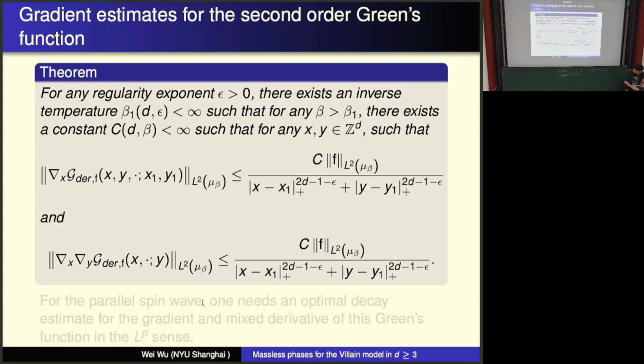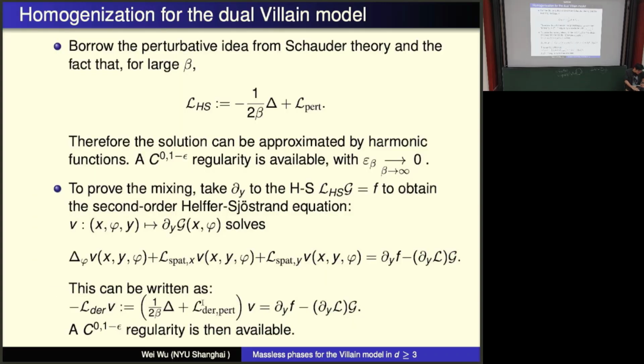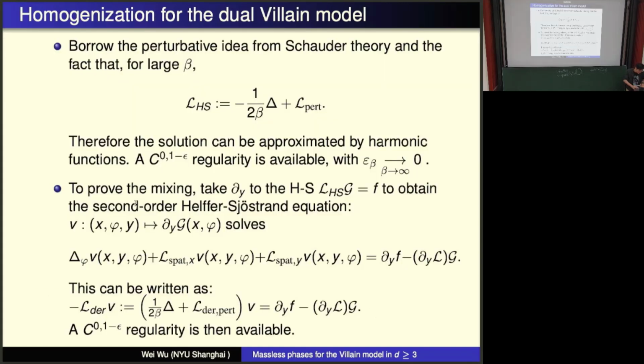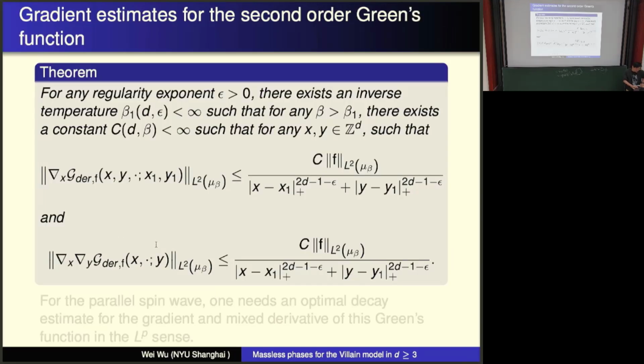So in fact, the Green's function after taking this partial derivative, which I call the second order Green's function, has better regularity than the initial Green's functions because it lives in higher dimensions. It has four variables, x, y, x1, y1, and the regularity estimate tells you that you can analyze the gradient and mixed gradient of that.